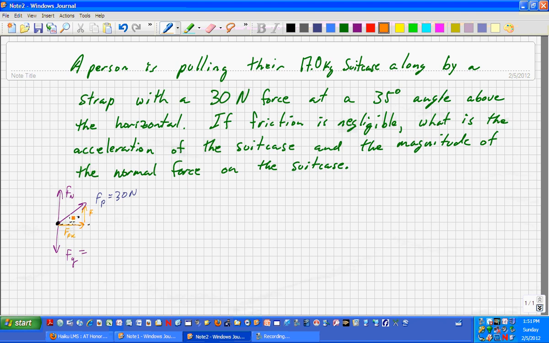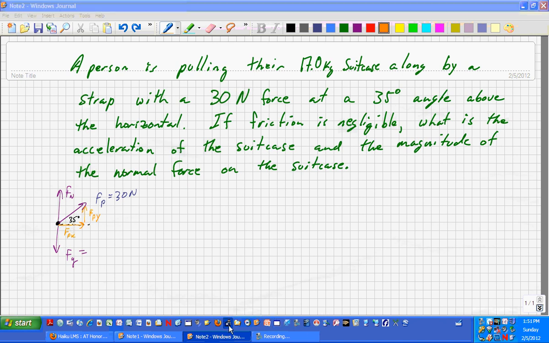So when we go into calculating and developing our equations in the x and y direction, we will ignore this 30 newton force and work with these two forces here. So Fp in the y direction. We have enough information to go ahead and figure out the force of weight and the two components.